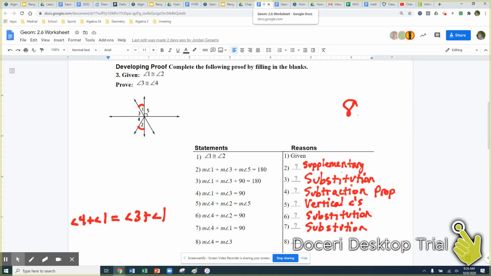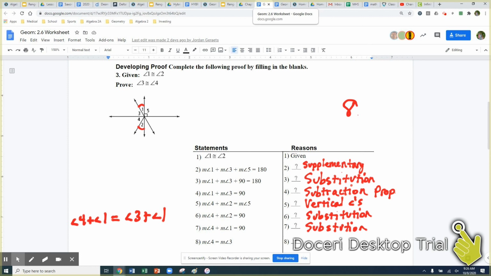But one thing you could do, if you want to put subtraction property for 8, you can go ahead. You subtracted 1 from both statements. But there is another theorem out there that says complements of the same angle are congruent. So if you know that angle 4 and angle 1 add up to 90, and angle 3 and angle 1 add up to 90, angle 1 is the same in both of those.